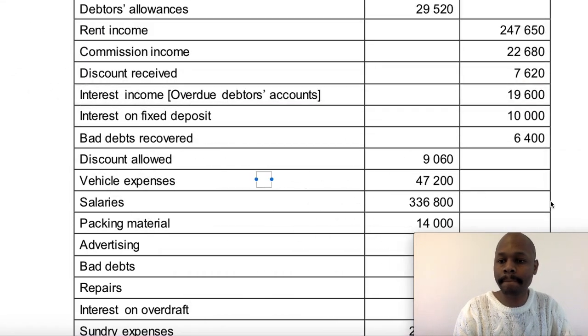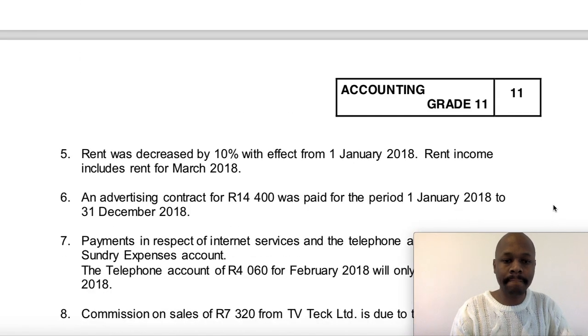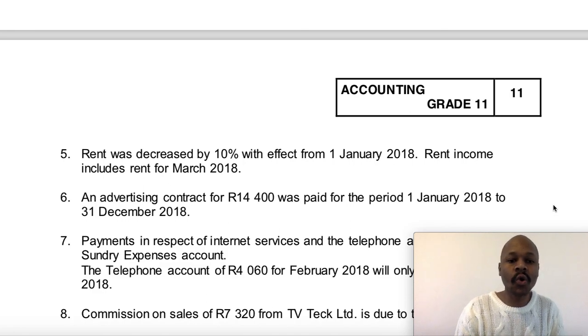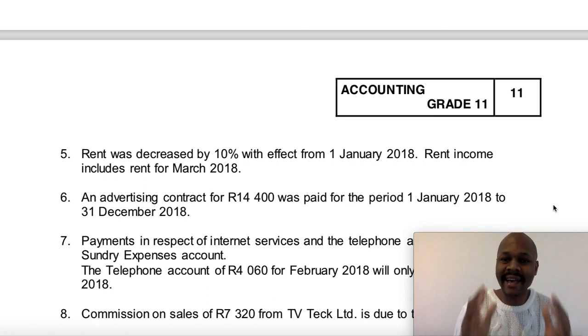Then they say an advertising contract for 14,400 was paid for the period 1 January 2018 to 31 December 2018. What do we have here? Remember, you paid an expense in advance. So we have prepaid expense.